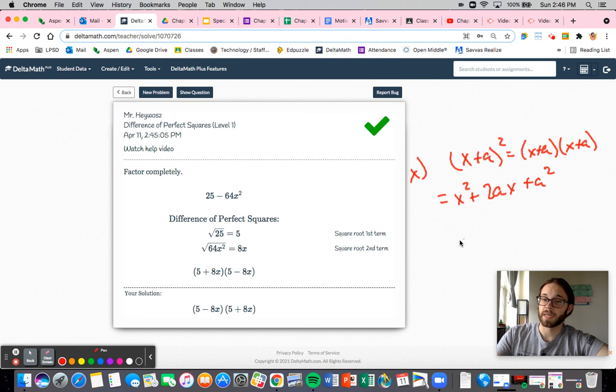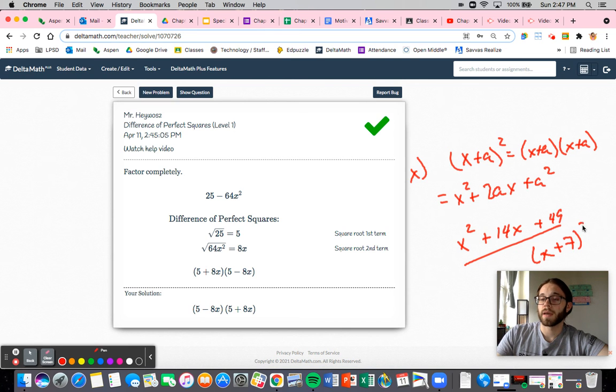If you see something, for example, like x squared plus 49 plus 14x, that would still work. If I gave you this, you could just easily tell me the answer is just going to end up being x plus 7 squared. And the reason why ultimately comes down to the fact that this is 7 squared, this is x squared, and this is 2 times 7 times x.